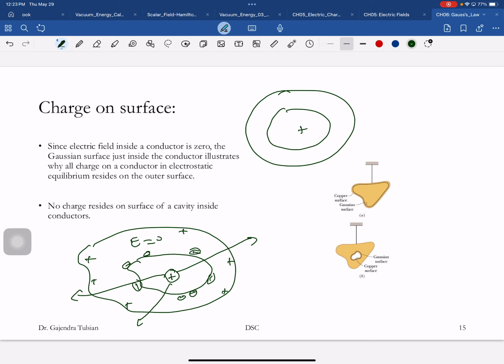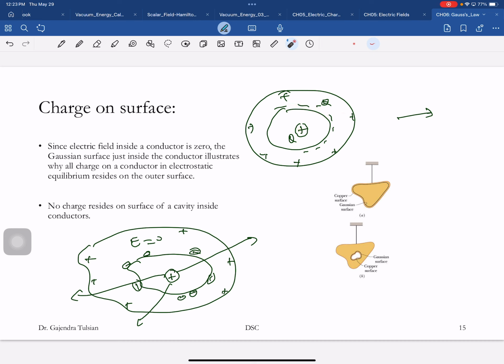If this was a charge, let's say Q, minus Q will collect here, and plus Q will collect here. So you will see a field outside due to this guy. These charges are producing that, but that's because of this guy. The field inside here is 0 because this positive charge and these negative charges produce a field of 0.